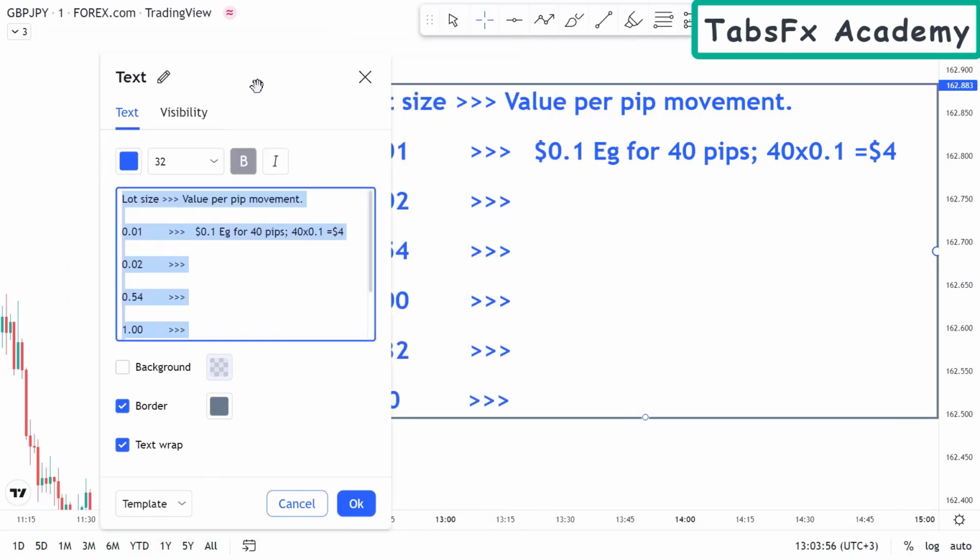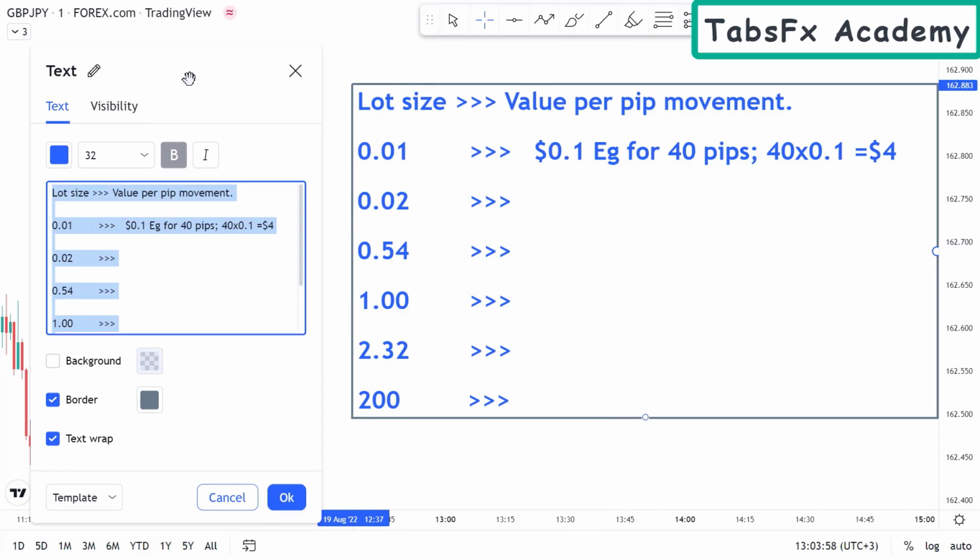In other words, if you've placed a trade whereby you've used a lot size of 0.01 and the price has moved through 40 pips, how much do you expect to get as a profit? That is $4. If the price has moved against you, in other words, it has gone downwards, negative 40 pips against you, then you'll have lost $4. So simply multiply the number of pips times 0.1.